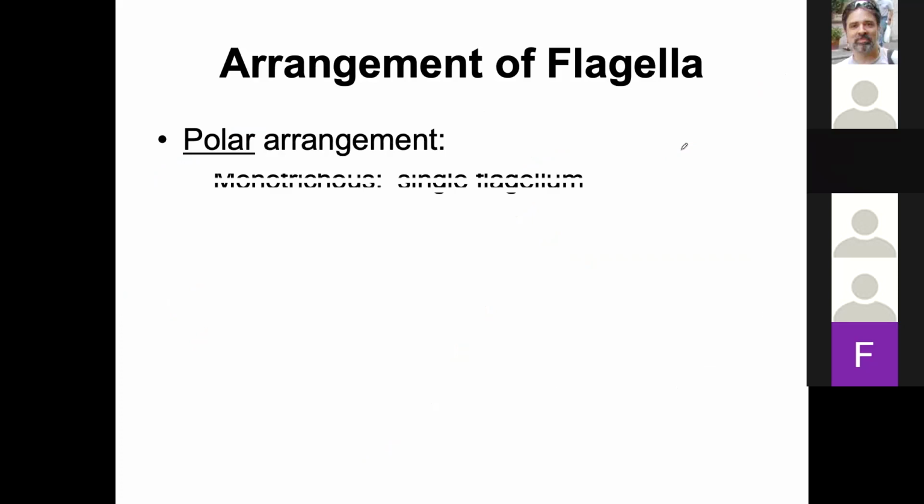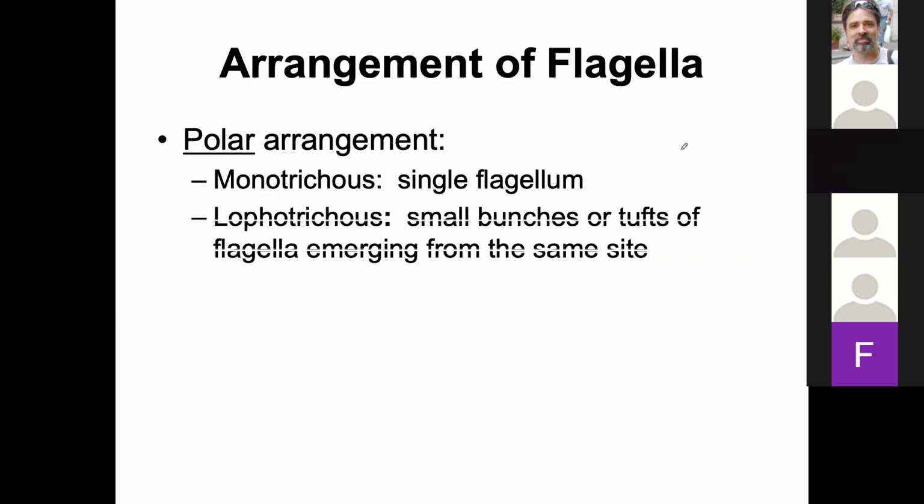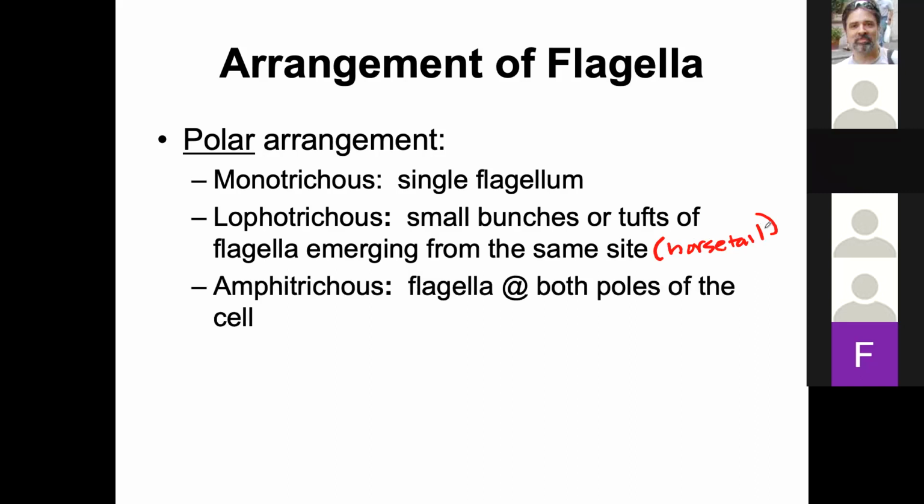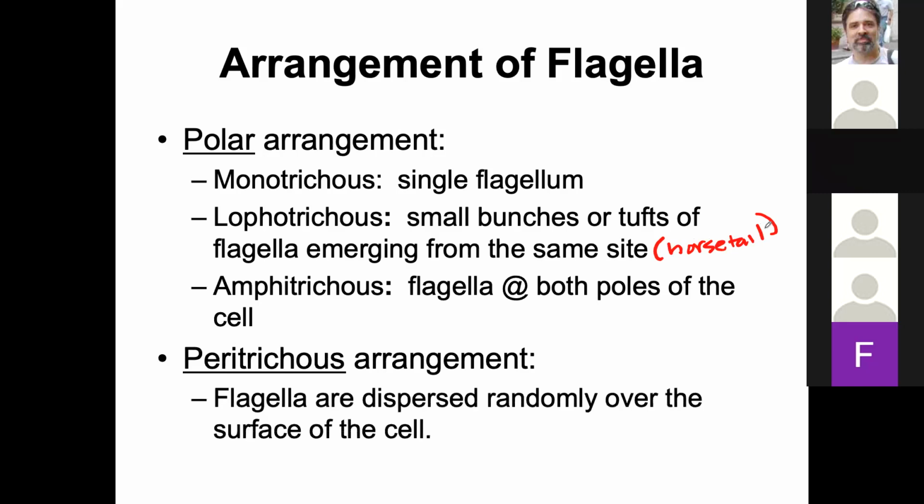Flagella can have different arrangements. They can have a polar arrangement where there's a single flagella at one end. They can be lophotrichous with tufts of flagella coming from the same site, sort of like a horse's tail. They can be amphitrichous, which means they can be at both poles of the cell. And they can be peritrichous, which means they're all around the cell. So again, the prefixes tell you.